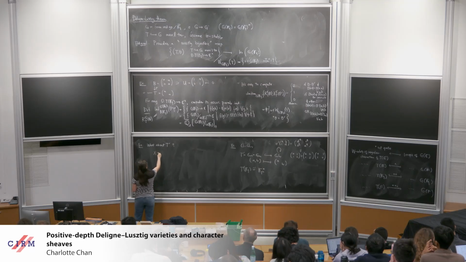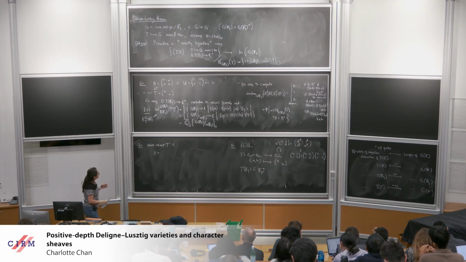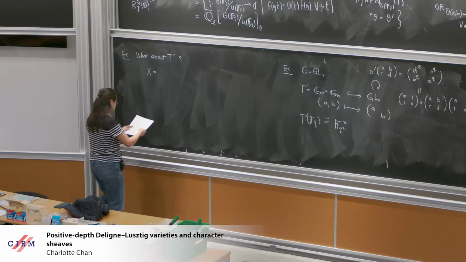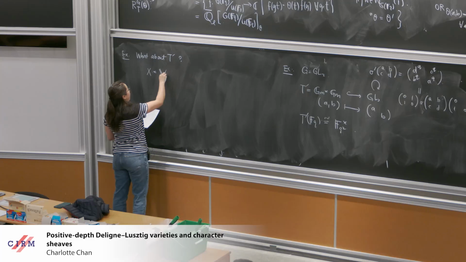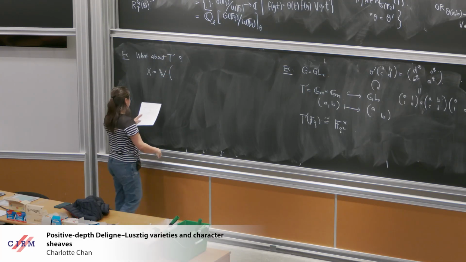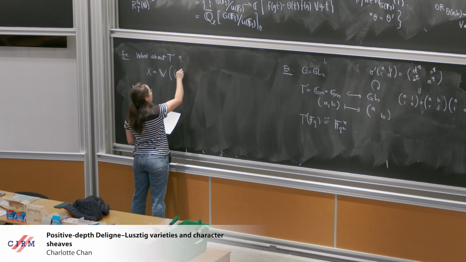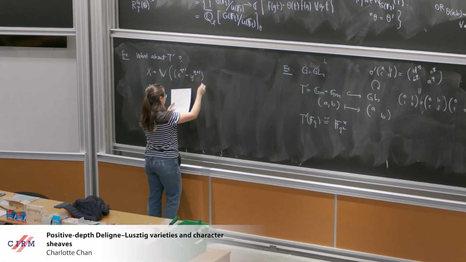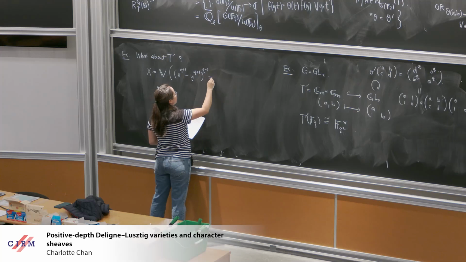So this was defined by Drinfeld when he was like 16. You consider the following thing, which is the affine curve given by (x^(q+1) - y^(q+1))^(q-1) = 1.